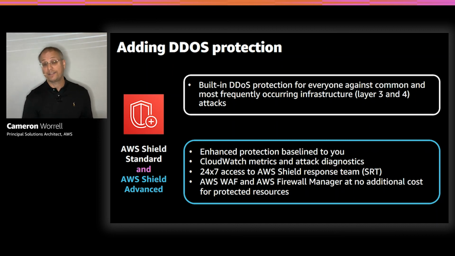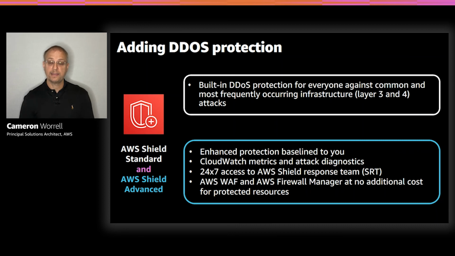You have access to our Shield response team to help you prepare for or respond to DDoS threats. Shield Advanced also includes AWS WAF and AWS Firewall Manager at no additional cost for protected resources. That can be important for a solution like this, where, if you're using the WAF Secrets Manager solution, you have 2 instances of WAF deployed.